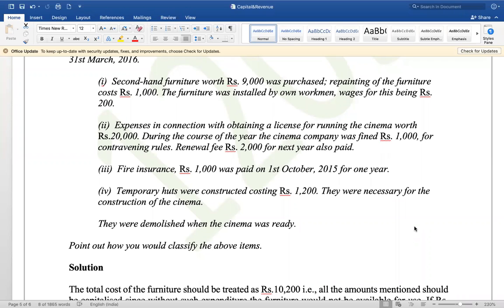Kaushik? Sir, Naman is absent, sir. Naman is absent, yes. Kaushik? Roll number 9.